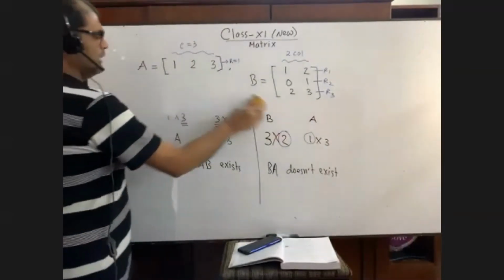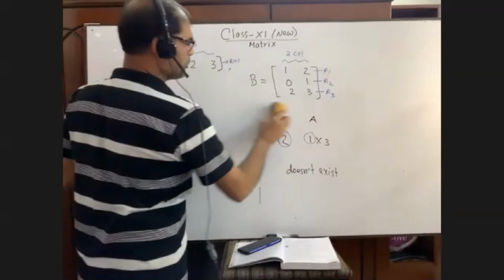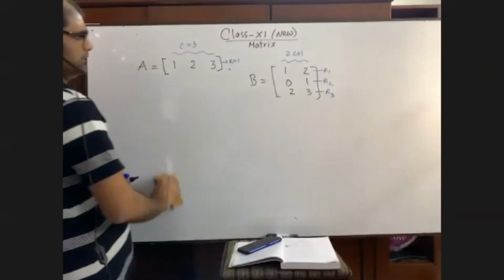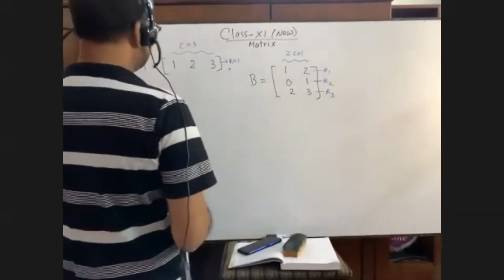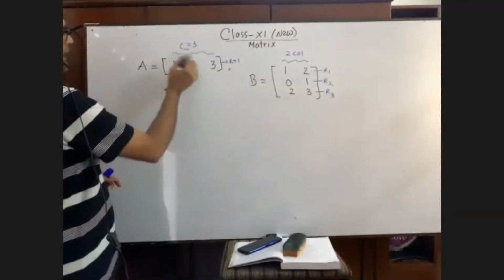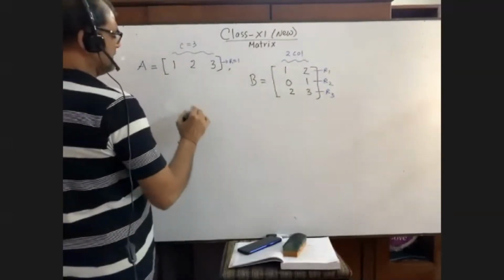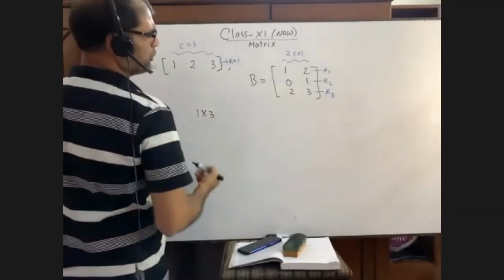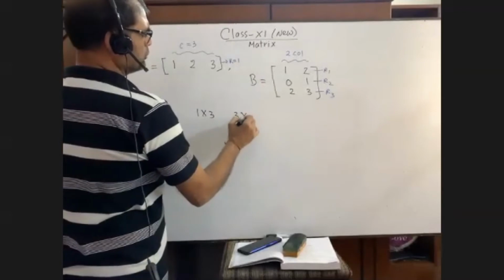Now, how to find the product of two matrices? Here the order of A is 1 into 3 and of B is 3 into 2.